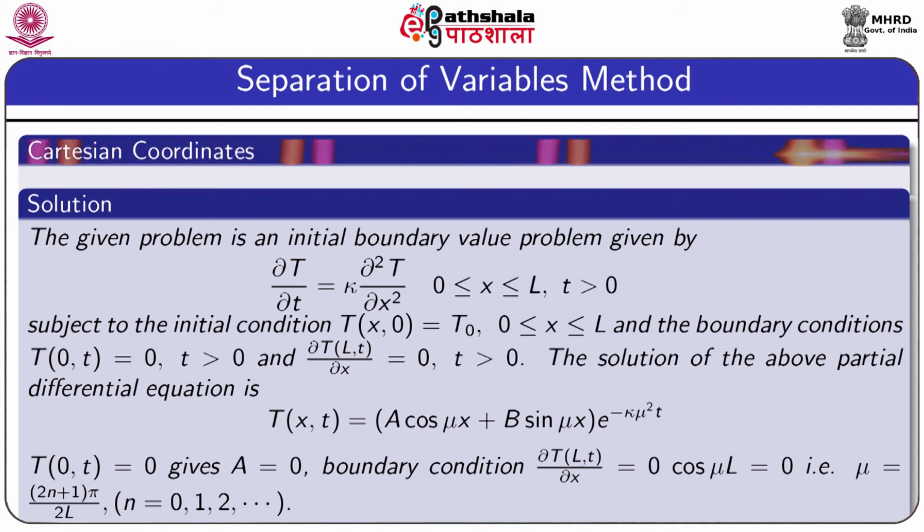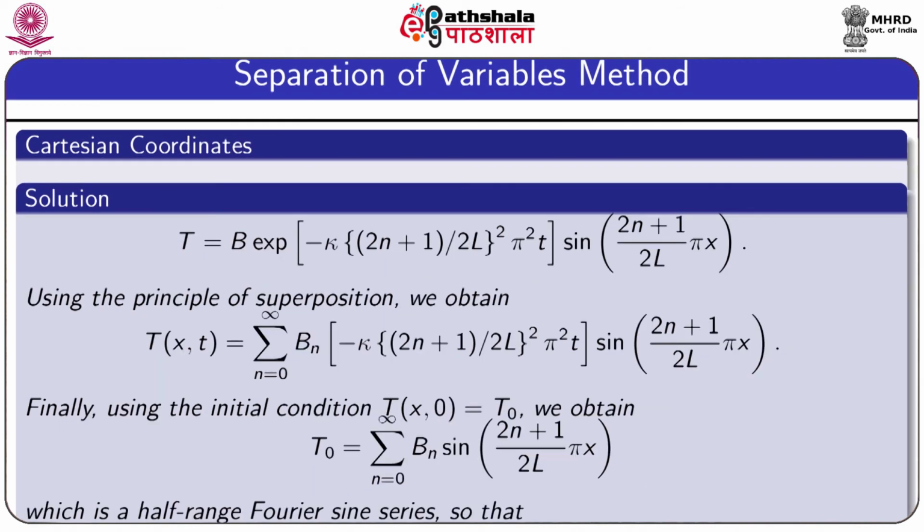Thus, substituting the value of mu in the general expression, we get capital T is equal to B exponential of minus kappa ((2n plus 1) pi by 2L) square t into sine of (2n plus 1) pi x by 2L.